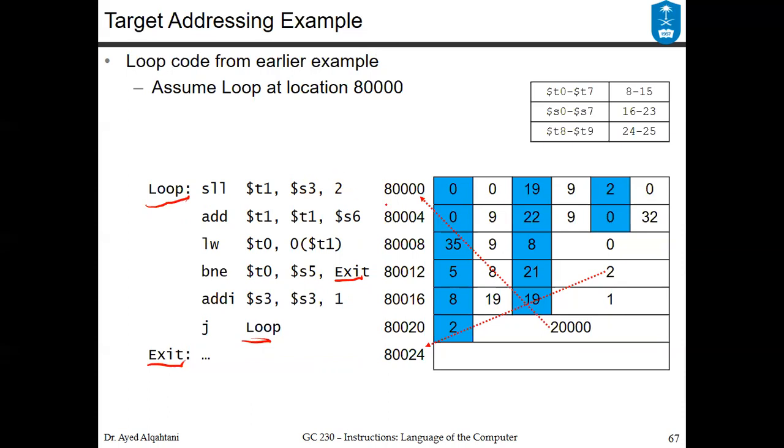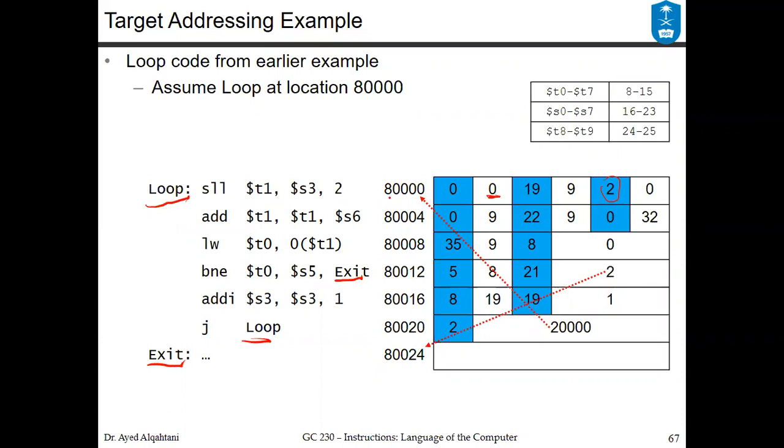The shift amount, we know that this is R type, so this is the shift amount. The 9 and 19 is the T1, the S3, and this is the opcode with the function. And we know that the RS is 0 in the shift left logical. Here it has already been discussed before, and we can fill it this way.